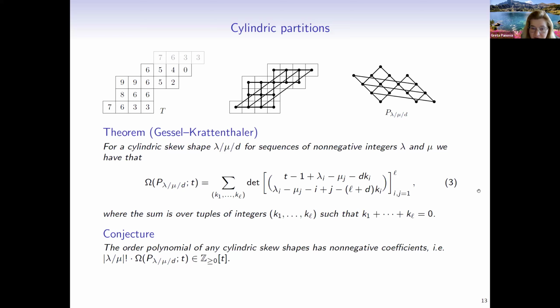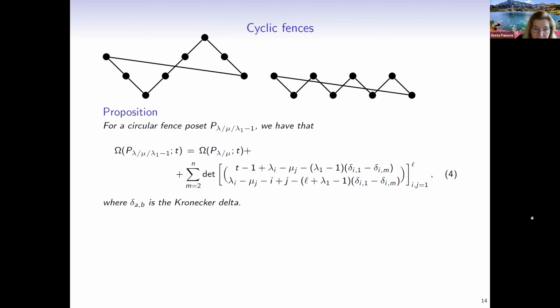So the question is, how do we compute the linear term here? It's not so easy, so we didn't really do this, but we conjecture that this also has non-negative integer coefficients. If we have a circular fence, we can actually do this. The formula becomes a little more manageable, and we can extract the linear coefficient out of here.